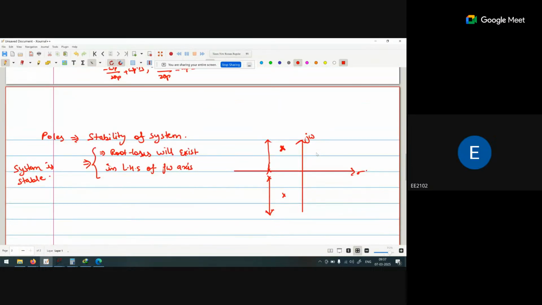Okay. Now, if I draw the locus area of this pole, the locus area will be like that.